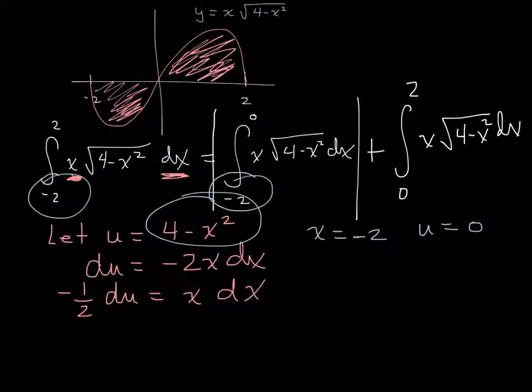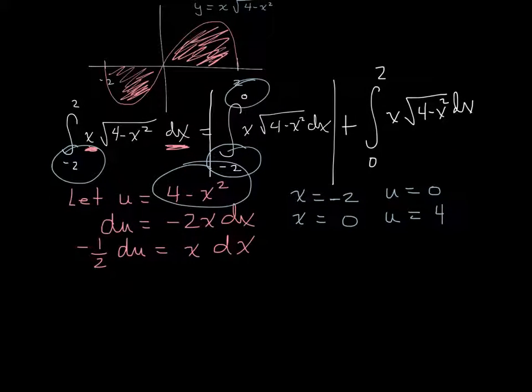Then for my upper limit, x equals 0, my u is simply 4, because 4 minus 0 squared gives me 4. So that becomes my new limits of integration.